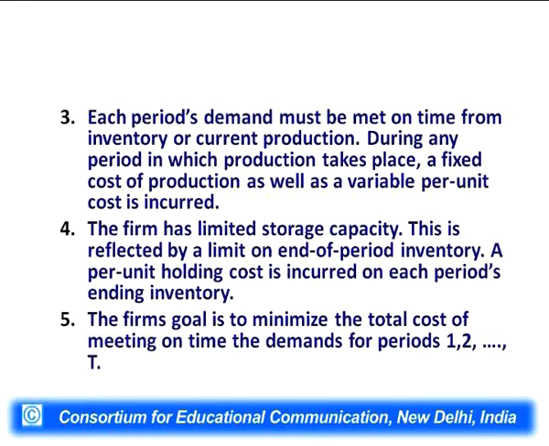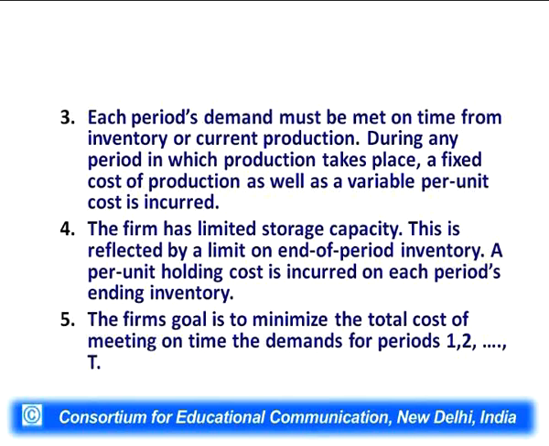We cannot have unlimited inventory. Based on the limited storage capacity, we must know how much the factory can store. This is reflected by a limit on end of period inventory. A per unit holding cost is incurred on each period's ending inventory. That should also be known. Inventory carrying cost must be known.